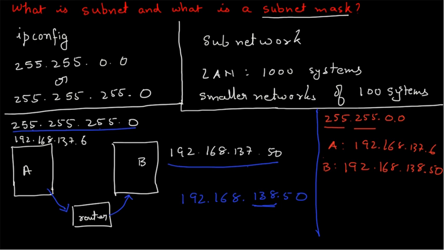Now the router will clearly know that this packet belongs to the same network. Here A is trying to send data to B. Since the mask is 255.255.0.0, only the first two parts matter. So if the source and the target have the first two parts the same, then the target IP address belongs to the same network and the router will directly route the packet to that network.